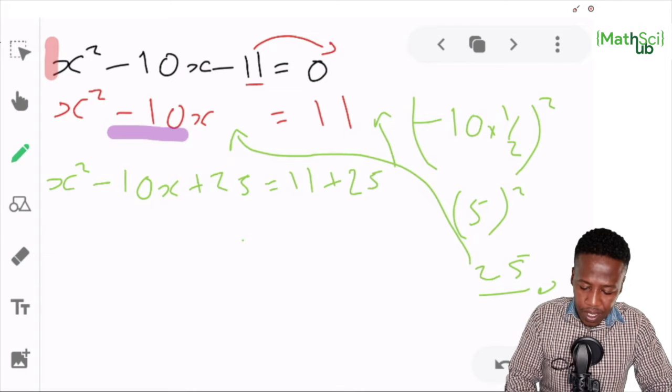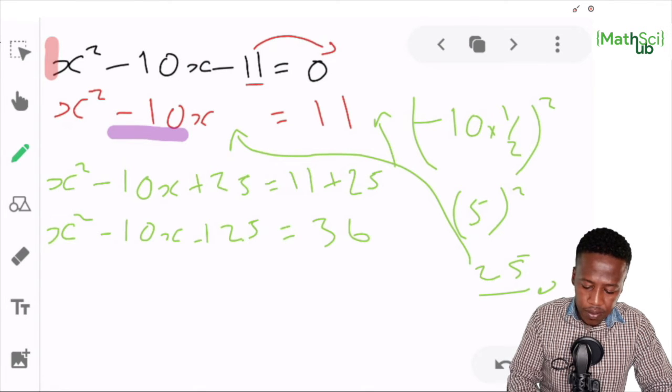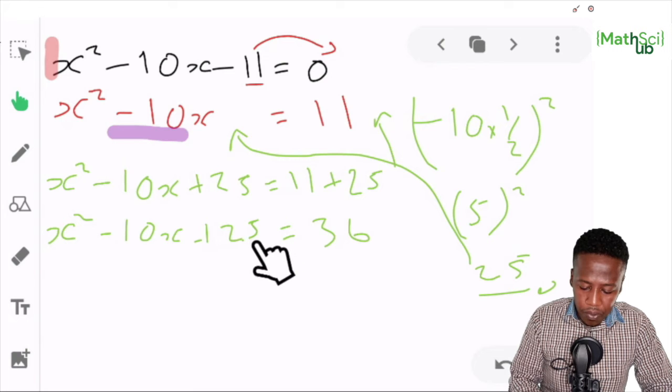It's x squared minus 10x plus 25. If you add this, we get 36. Now from this step, what you do is try to get the factors of x.